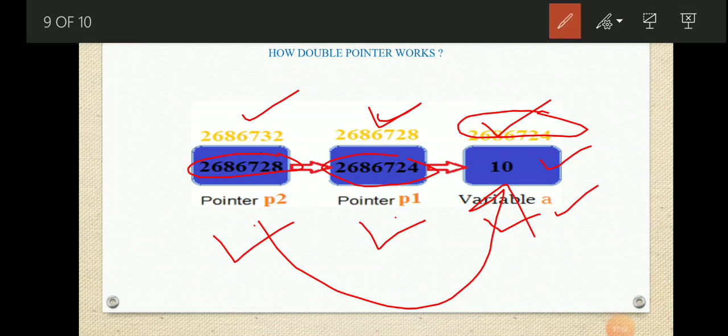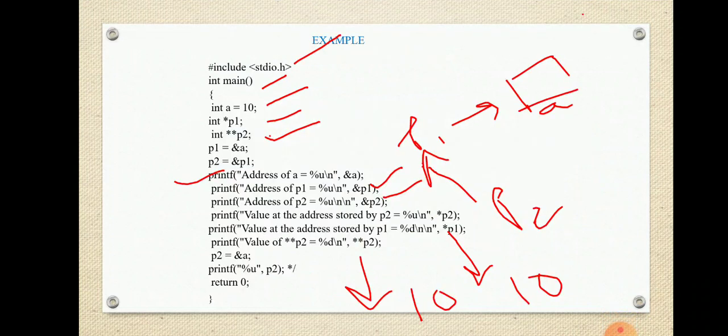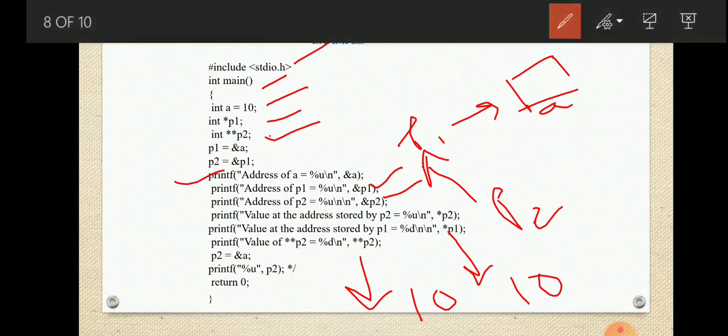Okay guys, let us talk about this printf again. So P2 equals to address of A. We are not talking about a single pointer or simple pointer here. I am talking about a double pointer here.